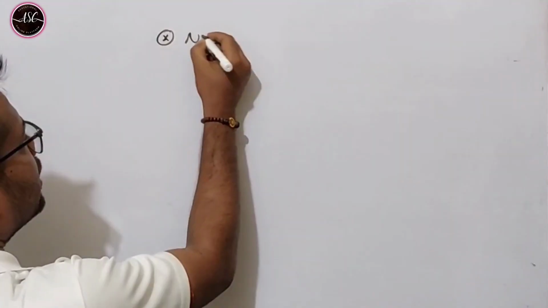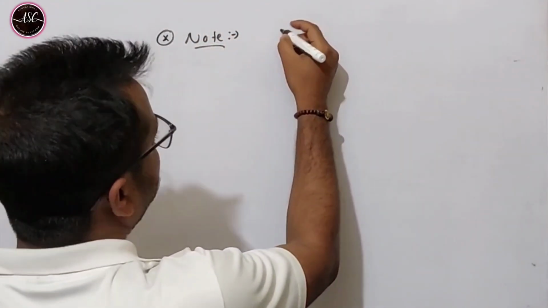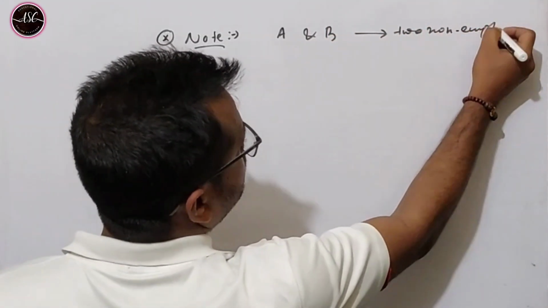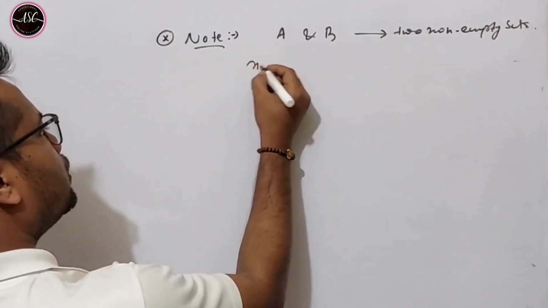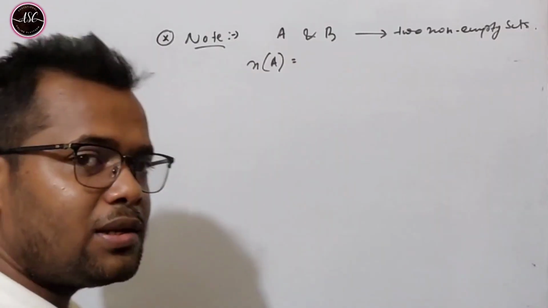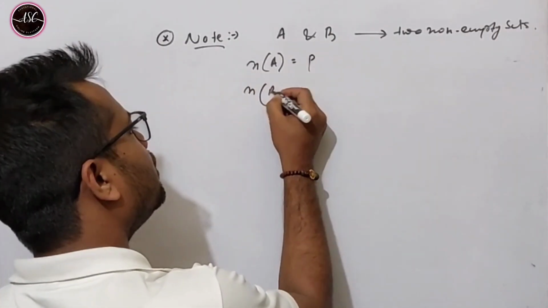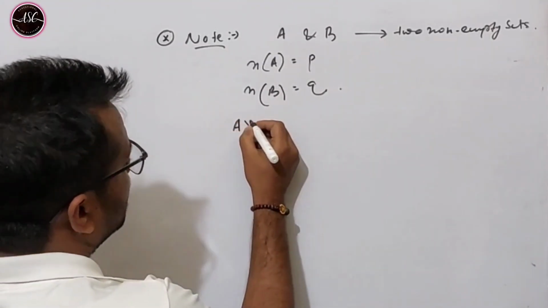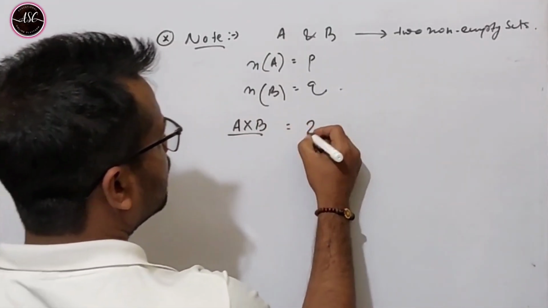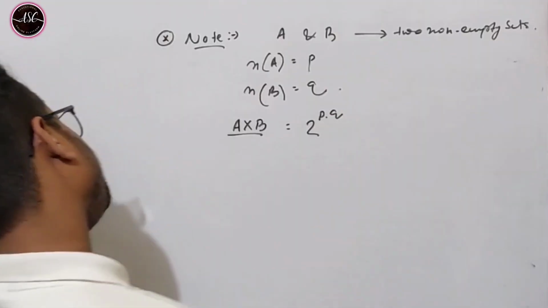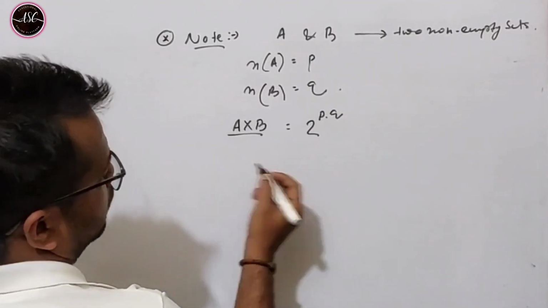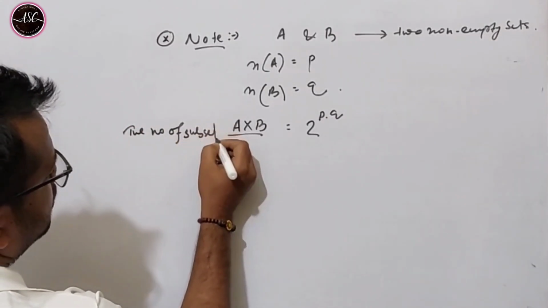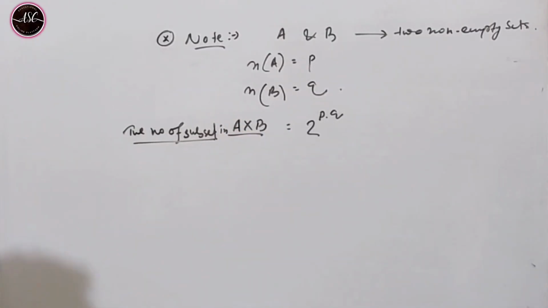One point should be noted: if A and B are two non-empty sets, let n(A), the number of elements in A, equal to small p and n(B) equal to small q, then the number of subsets in A Cartesian product B is equal to 2 to the power p times q.